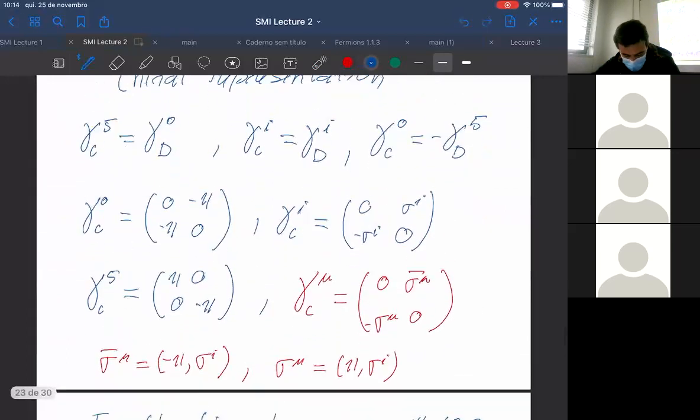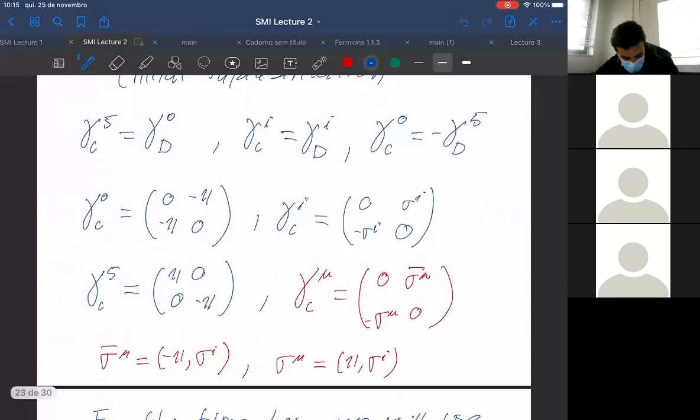These are the chiral matrices, but there is a sign change in the notes I give you, and I mention this as a side note so that you don't get confused when you start the exercise. The way these chiral matrices were defined here is correct, there is nothing wrong with it. But it puts the right-handed part on the upper part of the spinor and the left-handed part on the lower part.